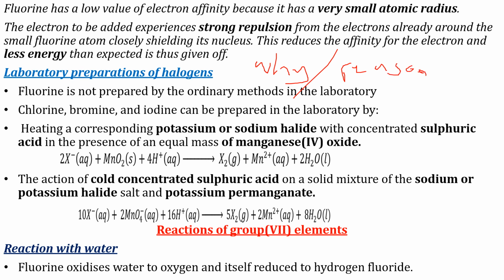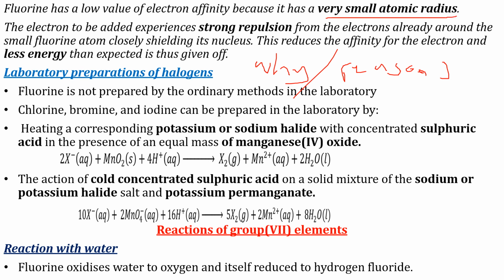We are asking for periodicity. And the terms in periodicity include atomic radius, ionization energy, electron affinity, among others. That's why if there is an abnormality in the group, we shall always refer to those terms. We are saying that it has an abnormally low value of electron affinity because of its small atomic radius.